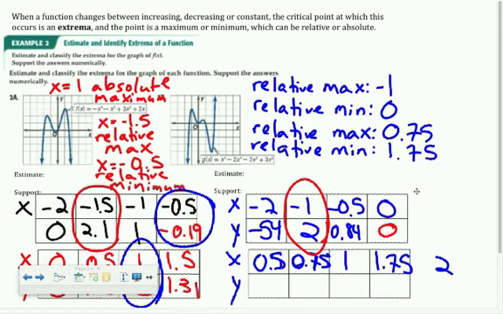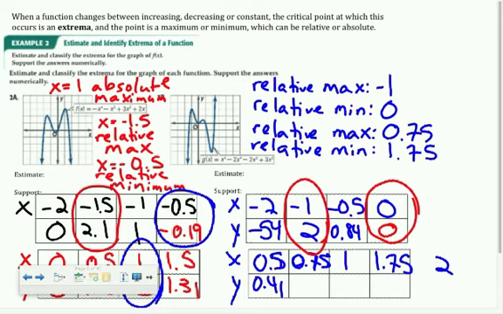That gets me 0.41 approximately. And remember that we had estimated that 0 was a relative minimum, and it is in fact smaller than the two values to either side of it. So we're still looking good in supporting our estimates.